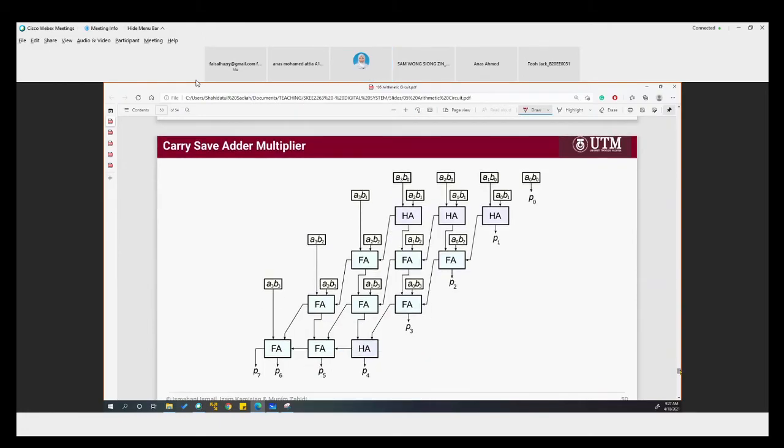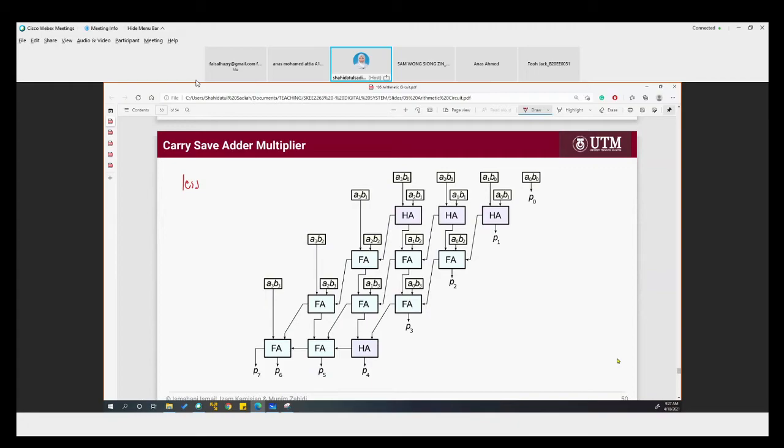But if we use the carry save adder, the delay is less. Less delay, that's good.